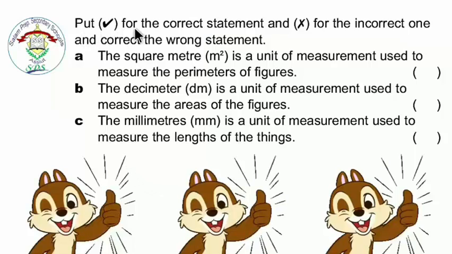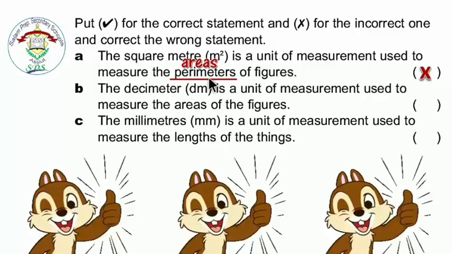Put true for the correct statement and false for the incorrect one, and correct the wrong statement. The first one, the square meter is a unit of measurement used to measure the perimeter of figures. This statement is false because the square meter is used to measure the area of figures.